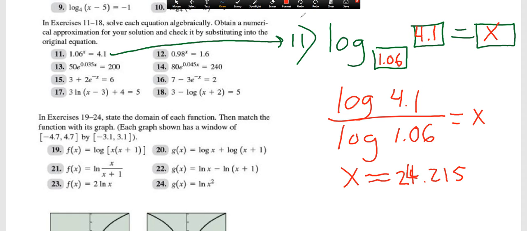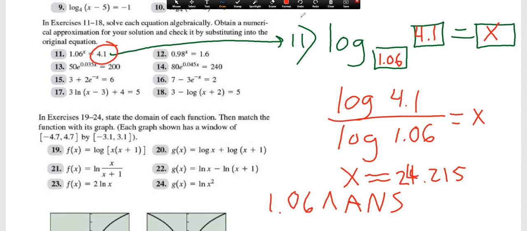What's an easy way to double check and see if I'm right? Plugging it back in. So if I type 1.06 to the answer power on my calculator, and it's going to take that nasty long decimal that he just read off, what is it supposed to give me? 4.1.